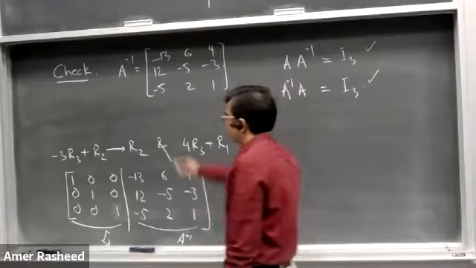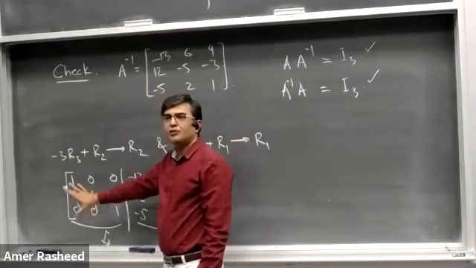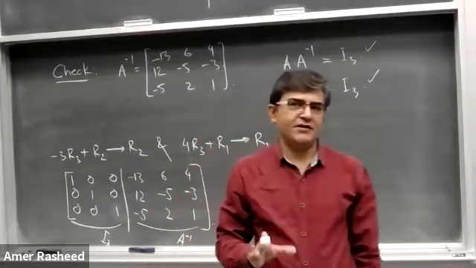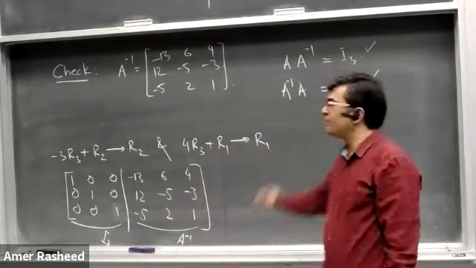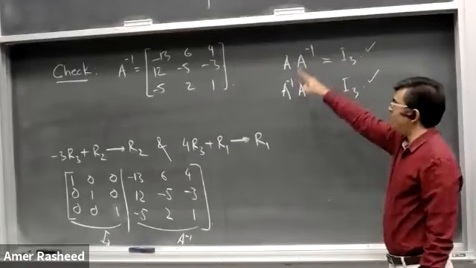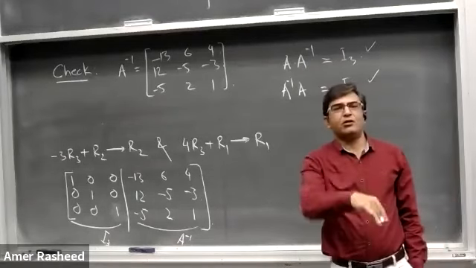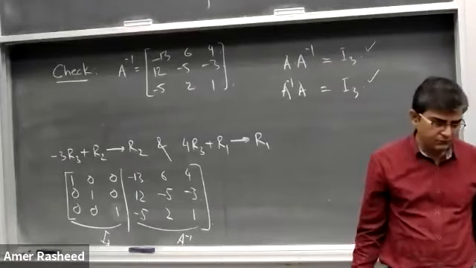I told you already, if the given matrix has been converted into the identity matrix, then A into A inverse and A inverse into A must be equal to the identity matrix of the same order as A.